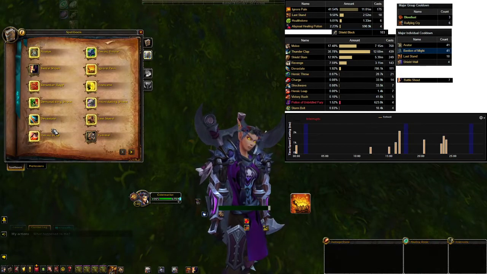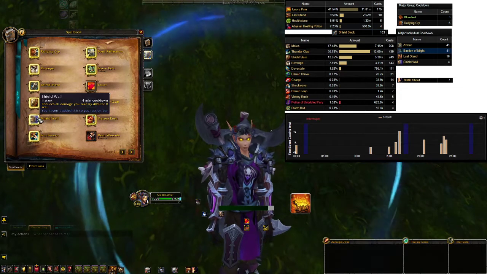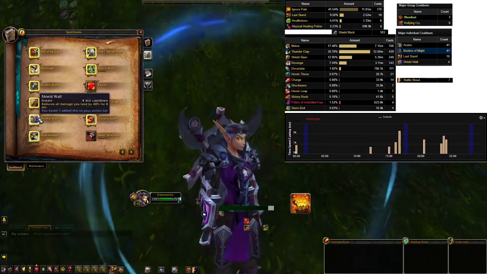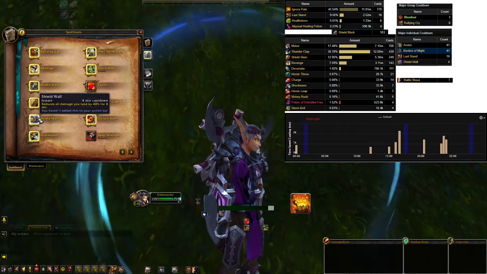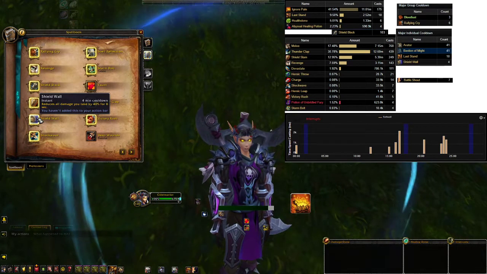Most classes have some type of defensive, like their major mitigation. This could be Turtle for Hunters. This could be Ice Block. This could be, was it Frenzied Regeneration or something for Fury?